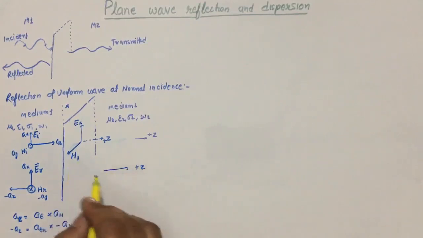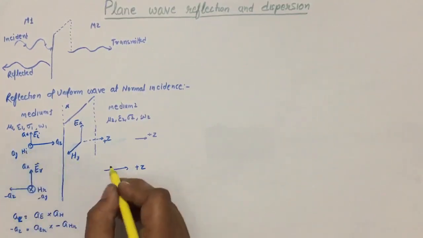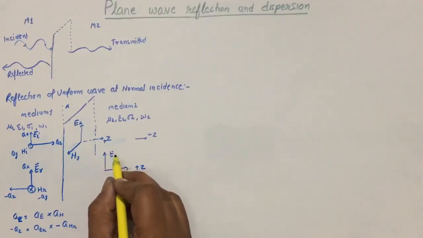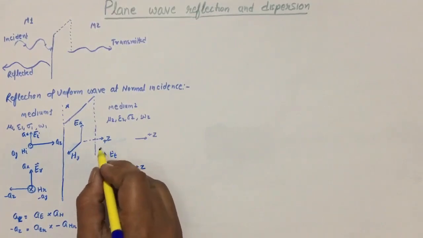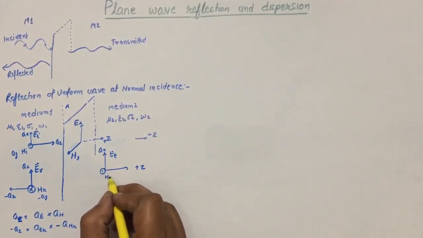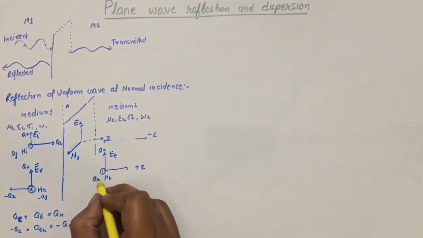It will follow the same as it is here. The electric field is considered in the same direction, transmitted in this same direction, and the magnetic field component will be coming upward. So H transmitted in the direction of ay.